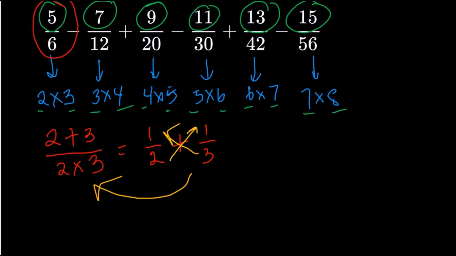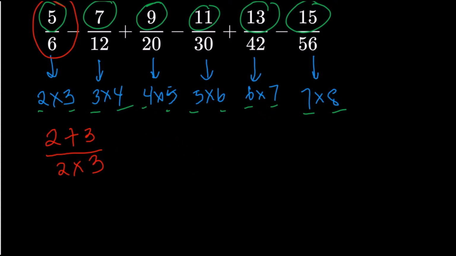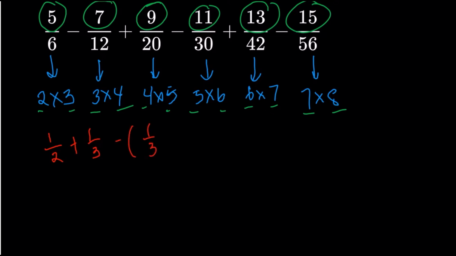So we can decompose into fractions. 5/6 we can write as 1/2 plus 1/3. And based on the pattern here, 7/12 would be 1/3 plus 1/4. Let us distribute the sign already so we can avoid parentheses.